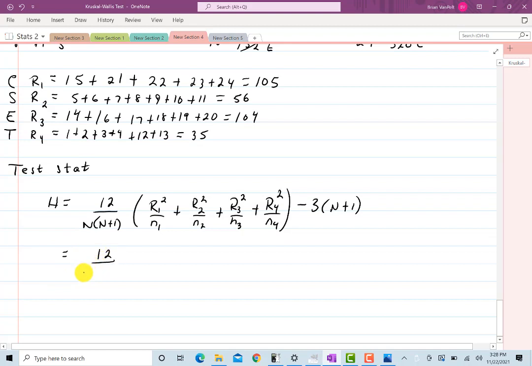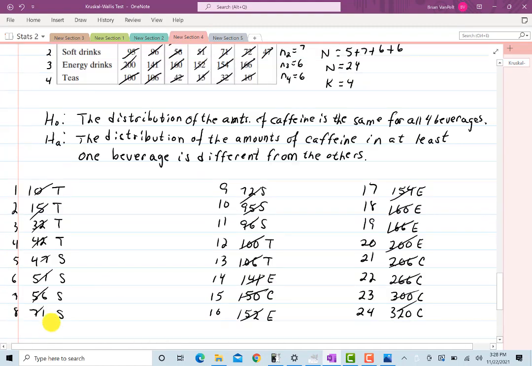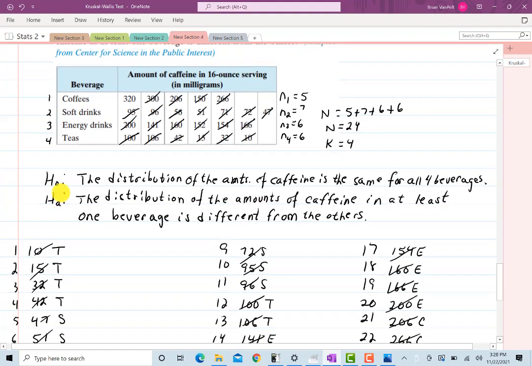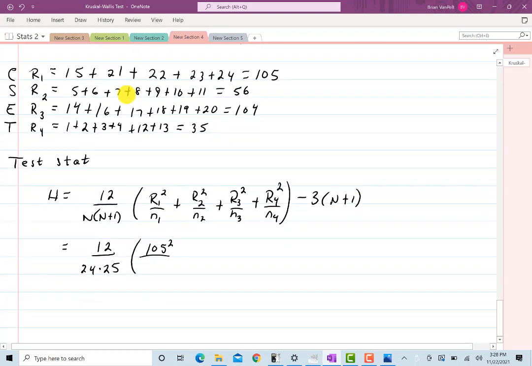So I have 12 divided by 24 times 25 times 105 squared divided by, what was N1 again? N1, so I have 5, 7, 6, 6, minus 3 times 25. All right, let me get the next R. I have 56 squared. Next one after that is 104 squared, and then 35 squared.